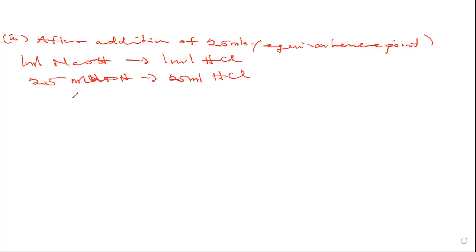When you go through the long procedure, you come back to a pH of 7 because all the acid there has been neutralized by all the base. So all I'll say is that when they ask you to find the pH at the equivalence point, simply write that the pH at the equivalence point is equal to 7, because when you go through the long process, you get a pH of 7. So that is what we have for the pH after addition of 25 mils.